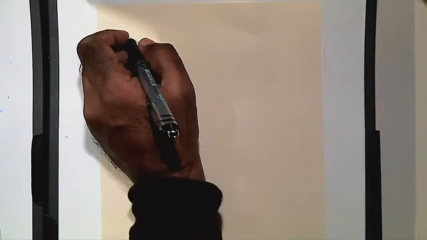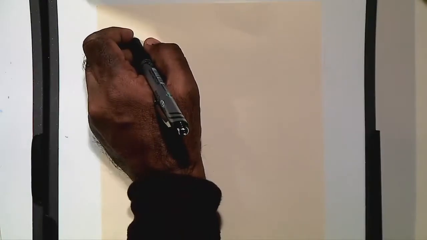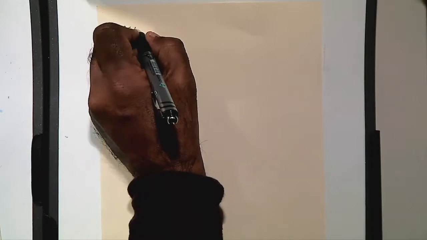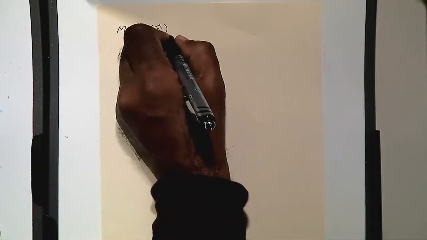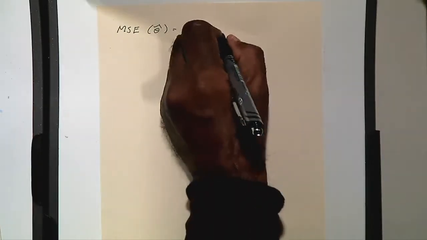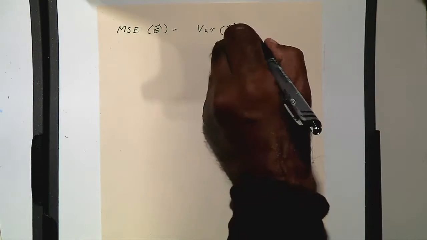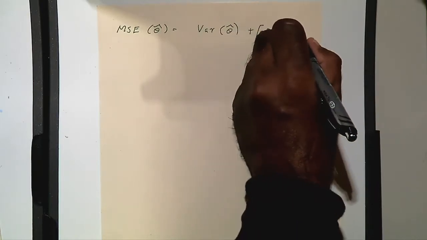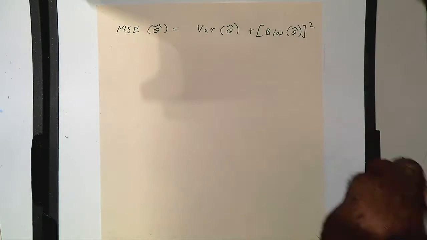Now, to do the second part, so far we have only done the bias. To do the second part, which is the MSE, you need to use this formula, right?